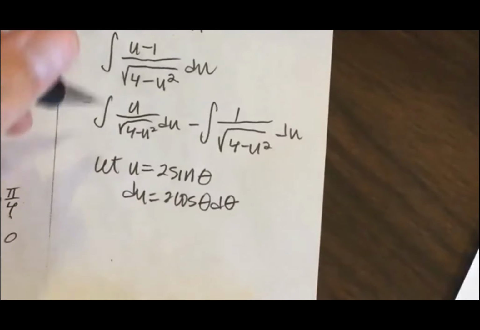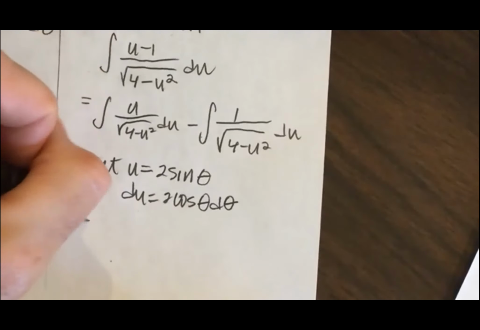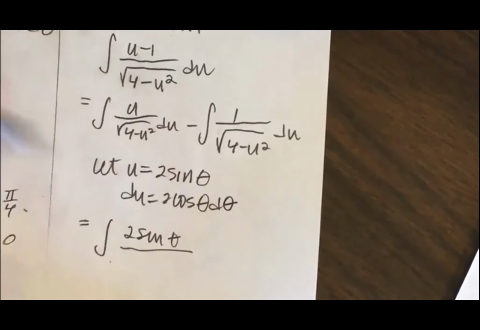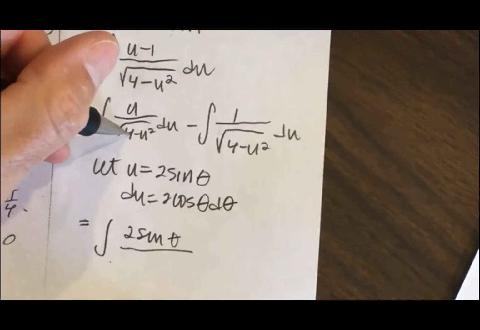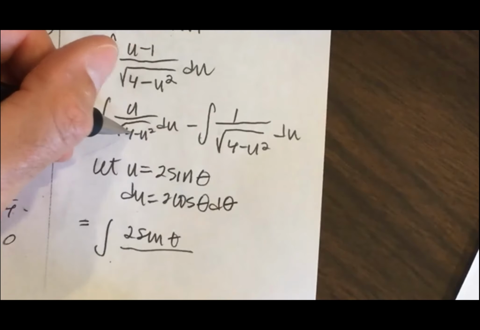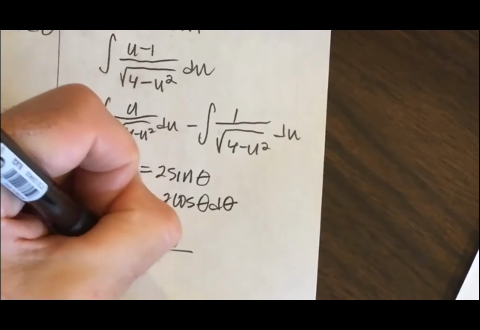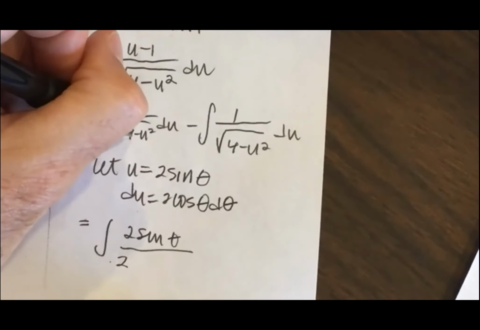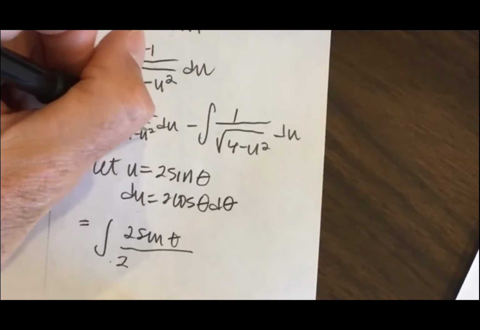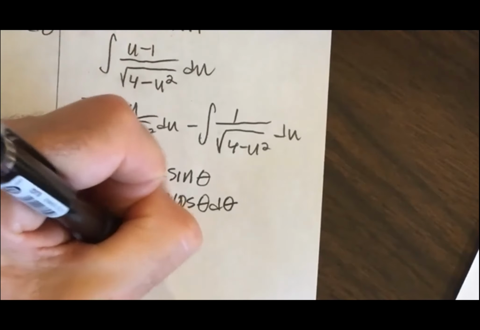And then we've got to put it in for all this stuff. So we get the integral, we got a 2 sine theta on the top. We got a 2 sine theta squared, so that means we've got a 4, square rooted is a 2, right? Then we've got the square root of 1 minus sine squared. 1 minus sine squared is cosine squared, square rooted is cosine.